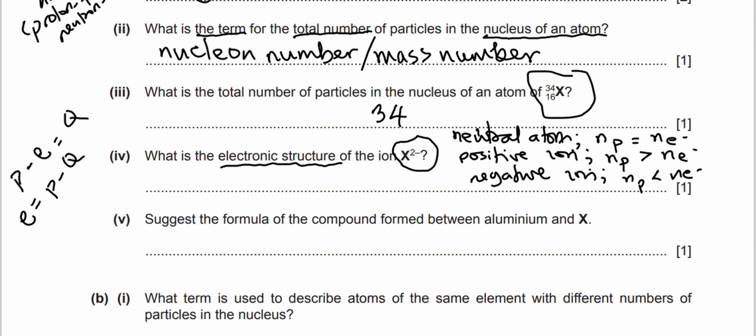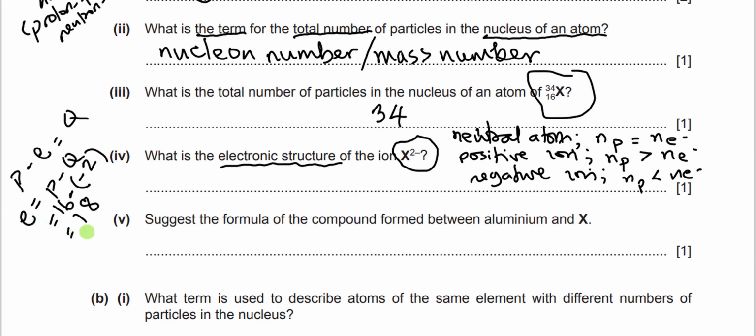So from the question given to us, the number of protons is 16, minus the charge on the ion, which is -2. So 16 minus -2 gives us 18. That's 16 plus 2. So the electronic structure we are asked to write will be based on 18 electrons and not 16.